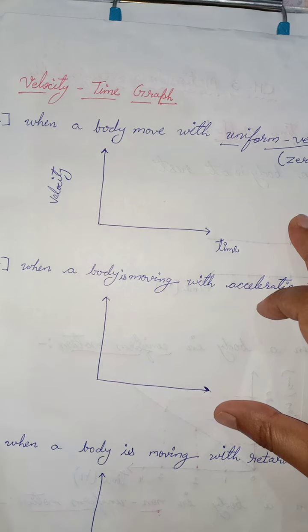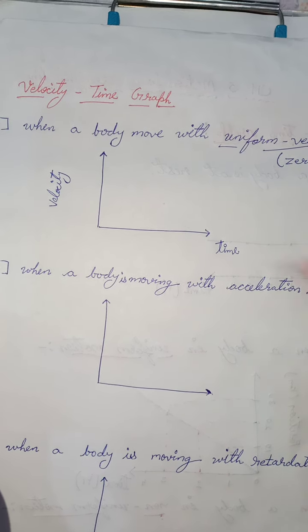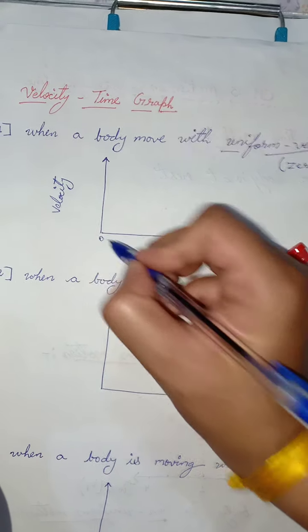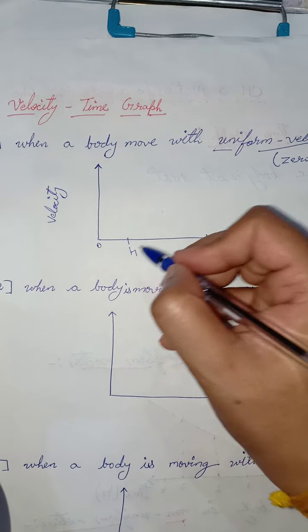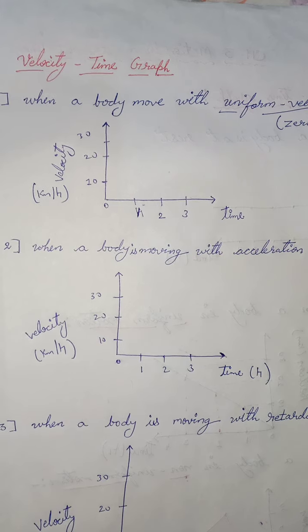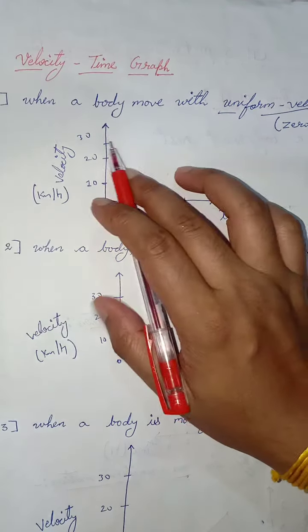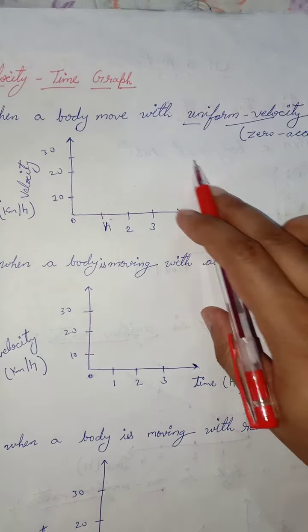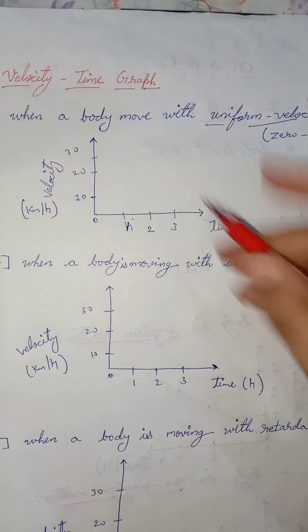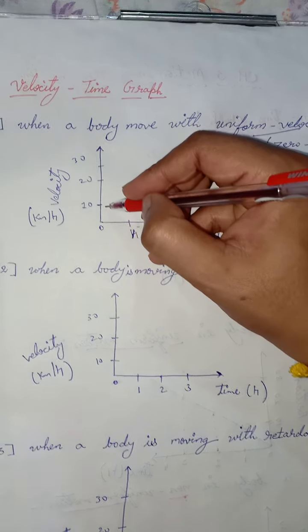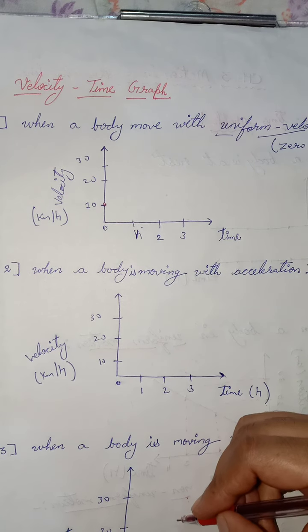So when the velocity is the same, what will happen? See here. When a body is moving with uniform velocity, the velocity will be the same. So see here, at zero time, for example, the velocity will be 10 kilometer per hour.